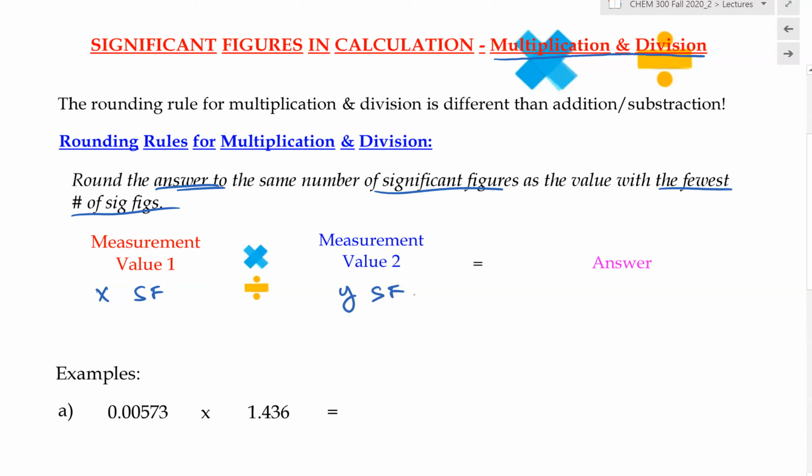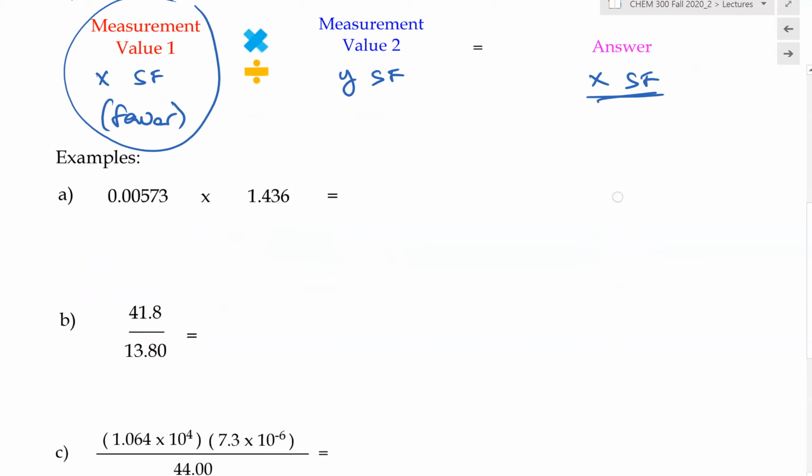Between our two values, which has the least amount of significance? Let's say x, this first measurement value, has fewer. Then our answer would be rounded to x number of significant figures as well, where x is the number of significant figures of the first measurement value, since it has the fewest. Let's now try an example.